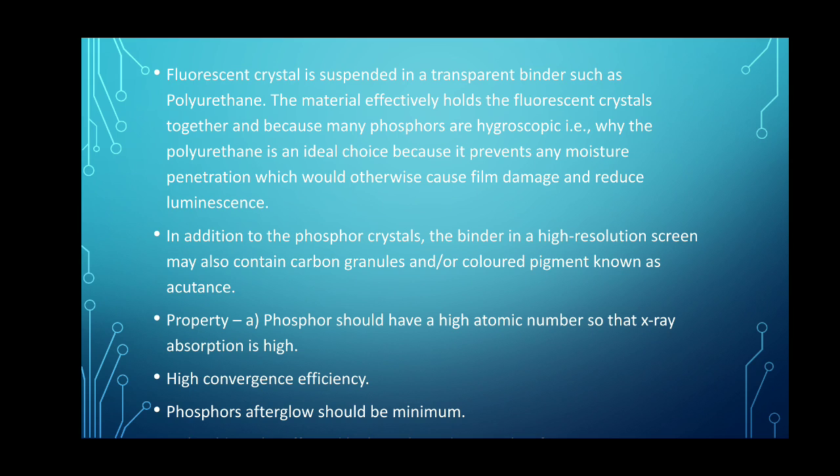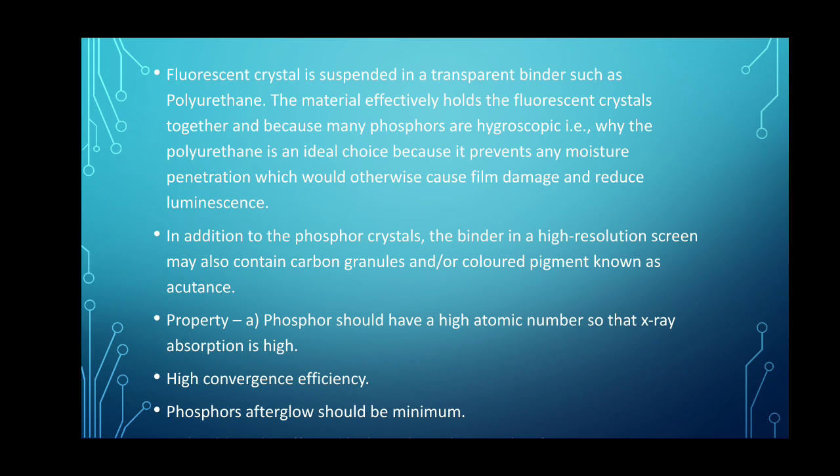The material effectively holds the fluorescent crystals together, and because many phosphors are hygroscopic, polyurethane is an ideal choice, because it prevents any moisture penetration which would otherwise cause film damage and reduce luminescence.